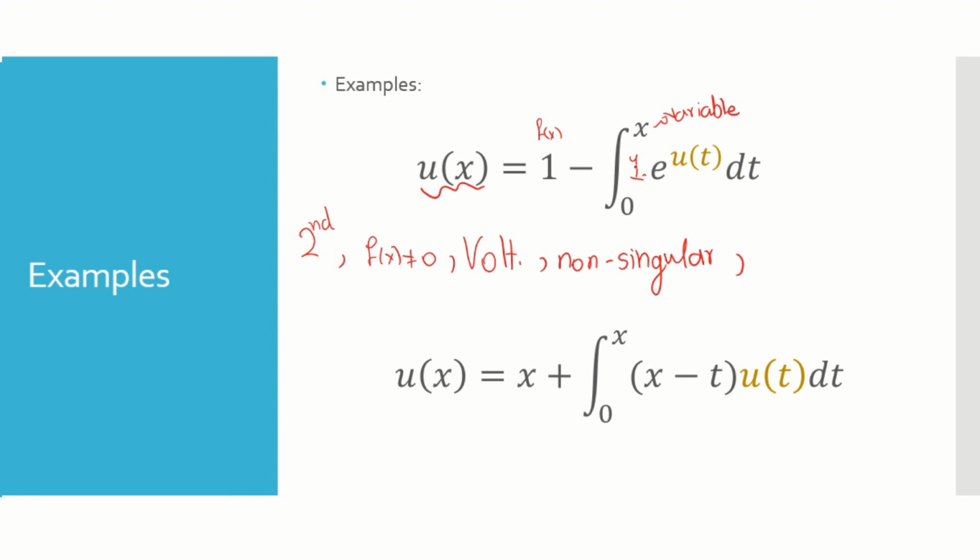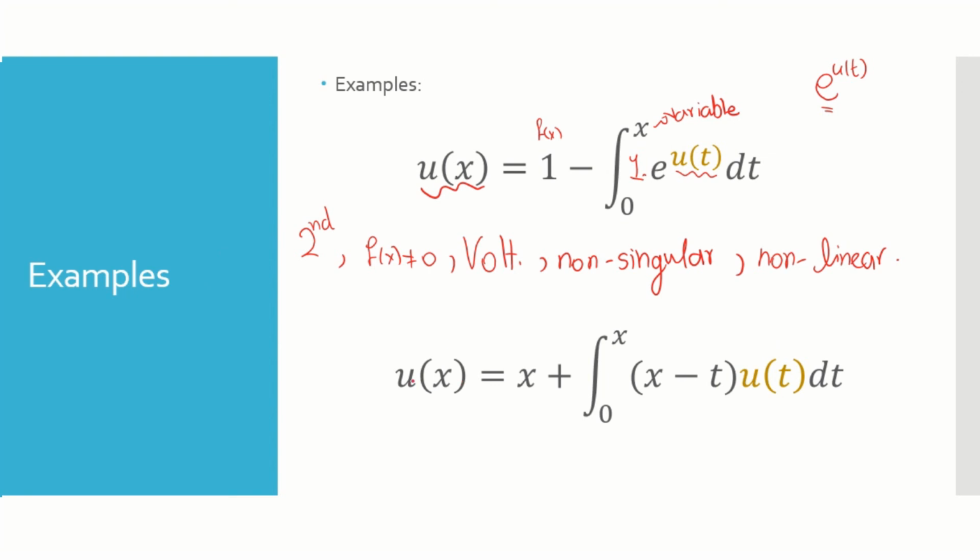The 1 is not singular on this interval, and none of the limits of the integration is equal to infinity or minus infinity, then it's non-singular. Okay. Finally, u of t does not appear in a linear form because it's e raised to u of t, and we know that e is not linear, then it's non-linear integral equation.